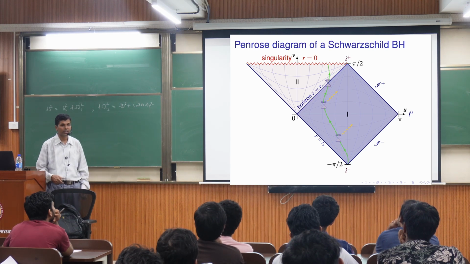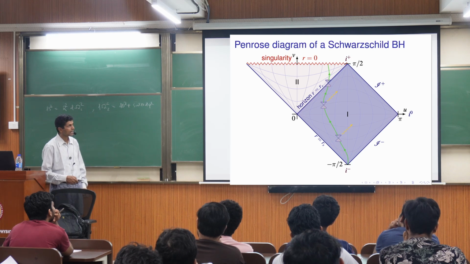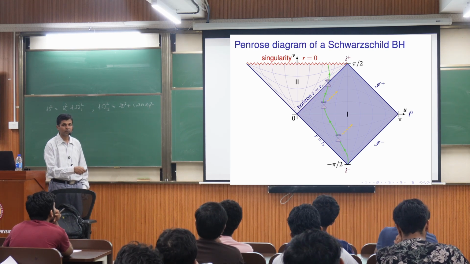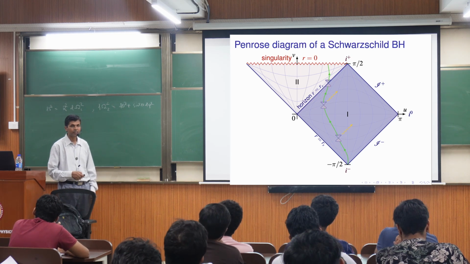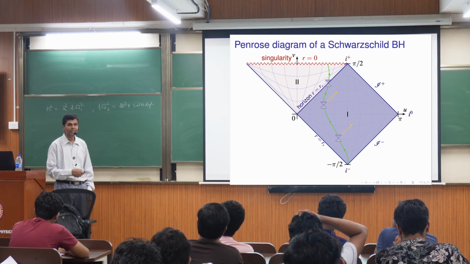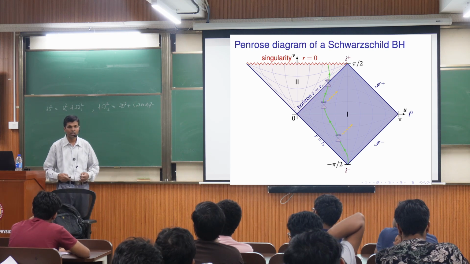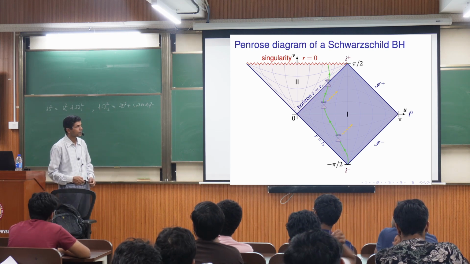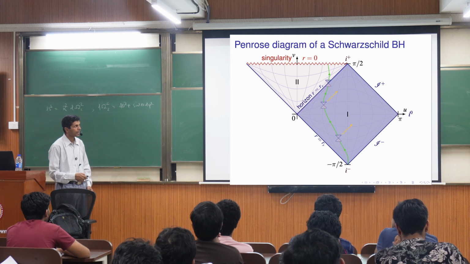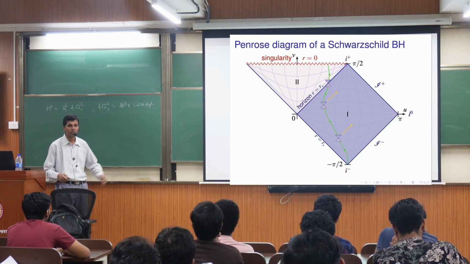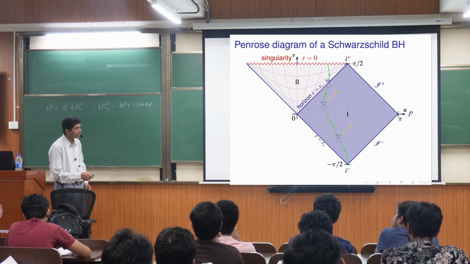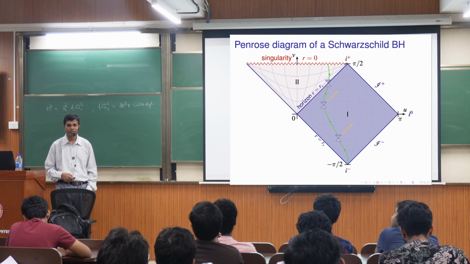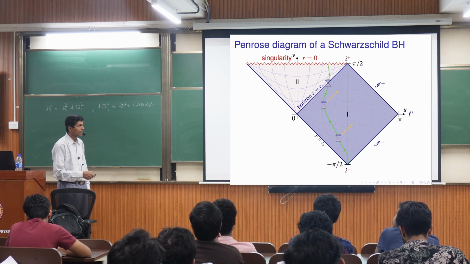This is no longer time-like, this is light-like. This is at a 45-degree angle with respect to the x-axis. So this is a light-like surface, or what is called a null surface. This is very different from the R equal to constant surface where R is larger than Rs. Then you get a time-like surface.